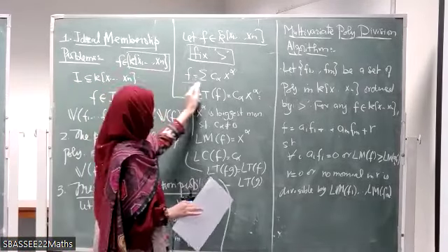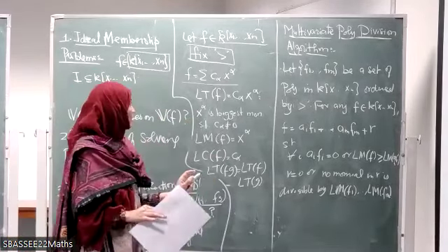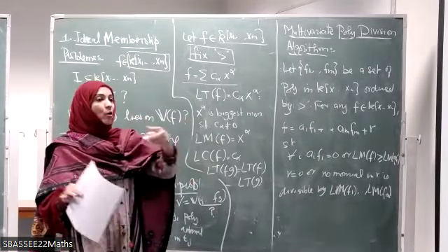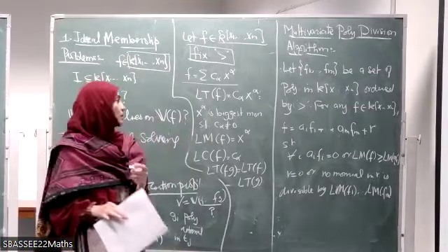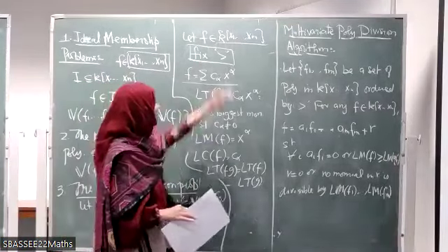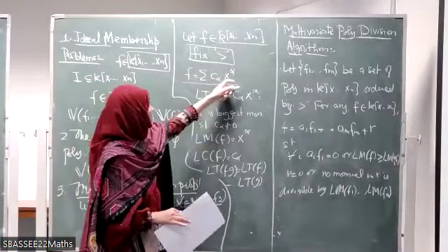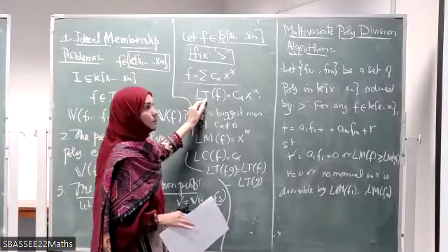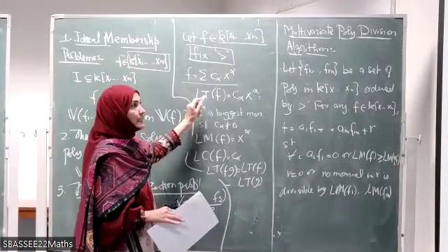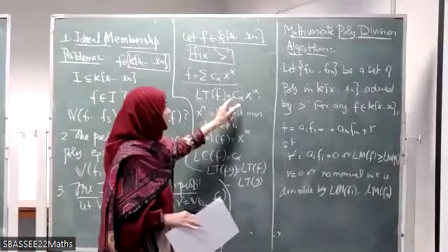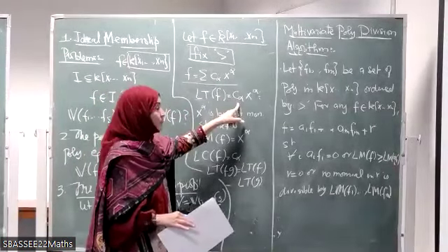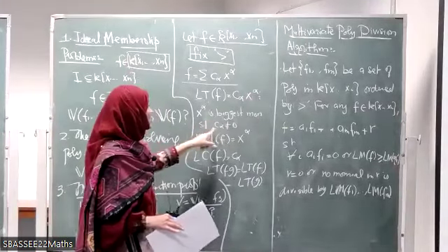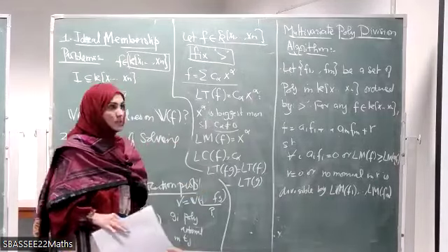If you have a polynomial, it is a linear combination of monomials with coefficients in your K. So what is the leading term? LT means leading term. It consists of the coefficient times the biggest monomial, such that the corresponding coefficient is non-zero.